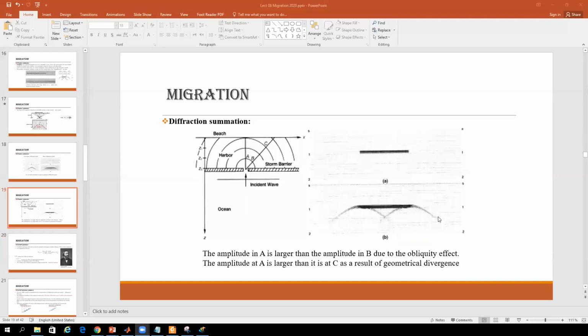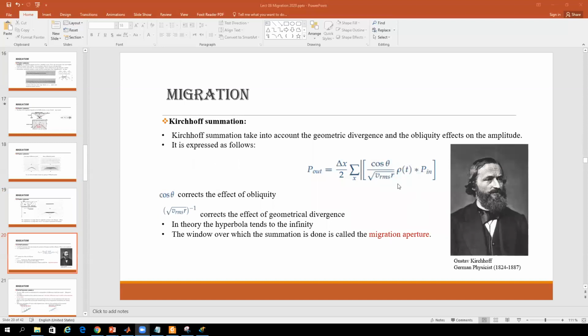This summation formula sums all the amplitudes along this hyperbola shape, or diffraction curve, and puts the sum of all the amplitudes at the apex of the diffraction curve.